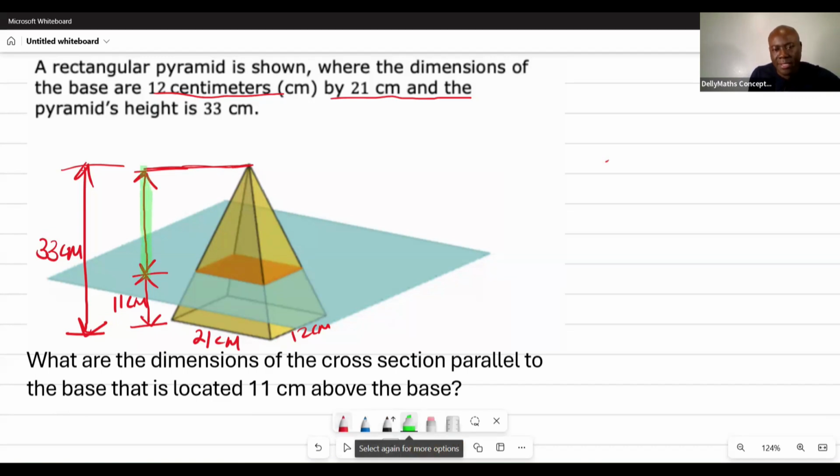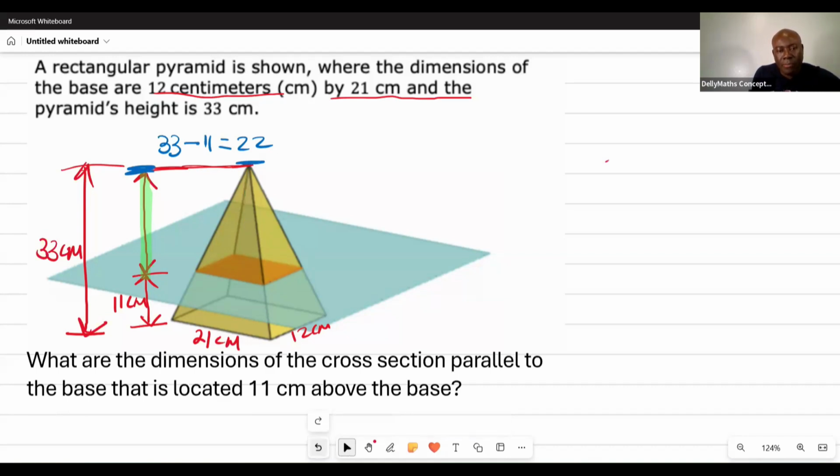If I could find that distance, it can be found by taking 33 and subtracting 11 from it, and I'm getting 22. So this distance from the top here to the base here, this height right here, is actually 22 centimeters.